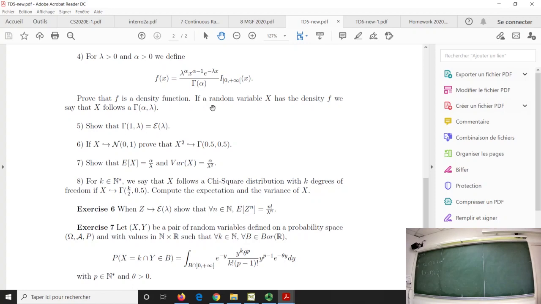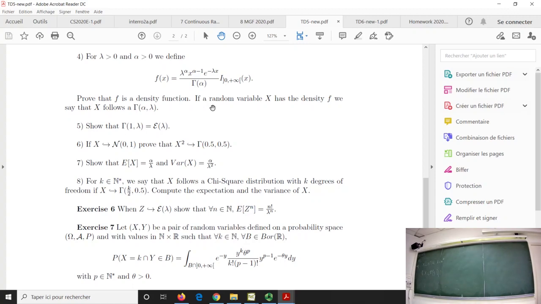We will see in list 6 of exercises that I will do next session, okay, that this chi-square of parameter k has also a link with Gaussian distribution. We have seen here that the chi-square of parameter 1, that is this one, is a gamma 1/2. That is in this expression what appears if I take k equal to 1.